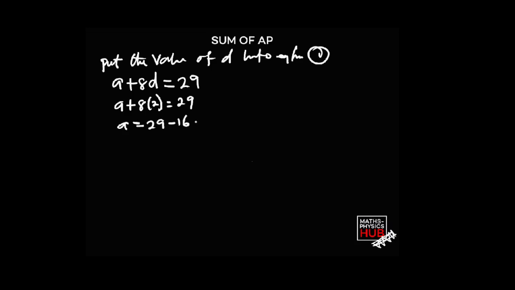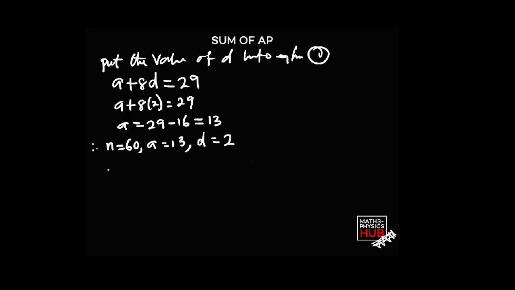And that will give us 13, right? So I've been able to get the whole thing that can help us to find the sum now. N is equal to 60, and then A equal to 13, and then D equal to 2.